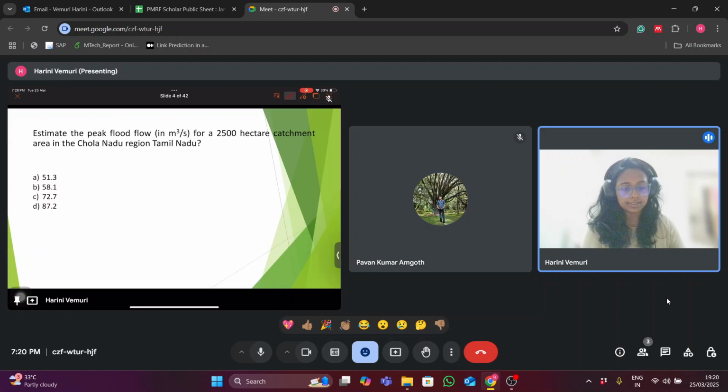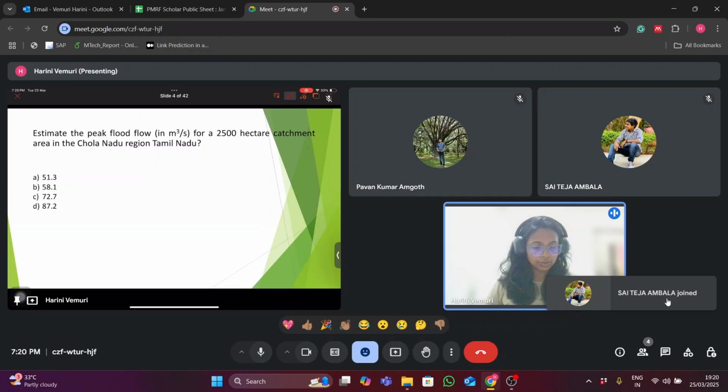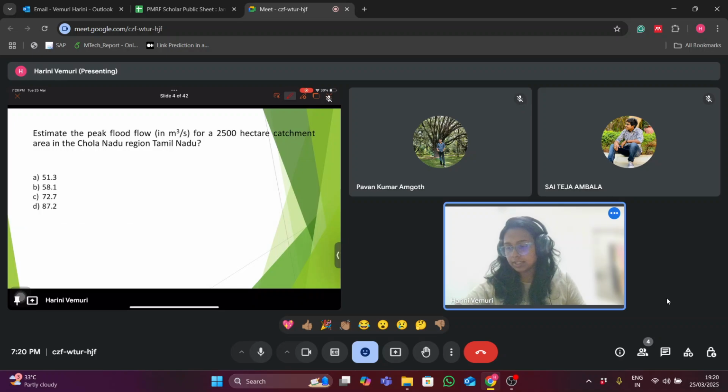So next question is: estimate the peak flow for a 2,500 hectare catchment area in Chola Nadu region in Tamil Nadu. Okay. So in case of Tamil Nadu, we will apply Rive's formula, which is QP equal to CR into A power 2 by 3. For Tamil Nadu, we can take Rive's constant as 6.8, with area in kilometers.